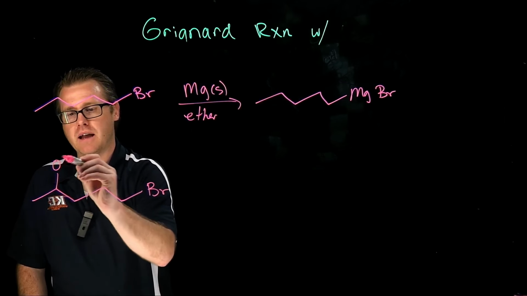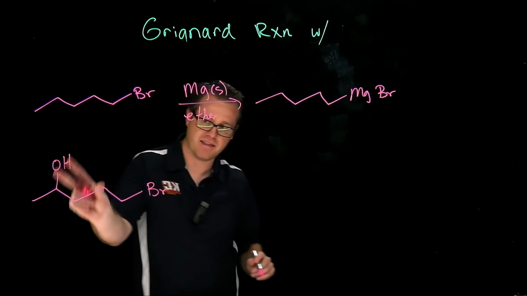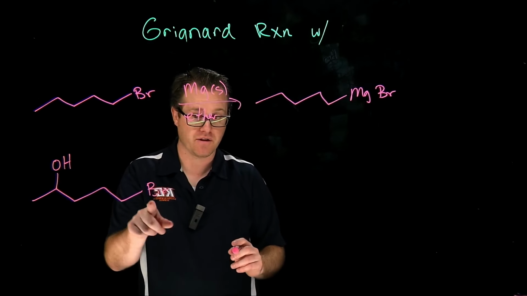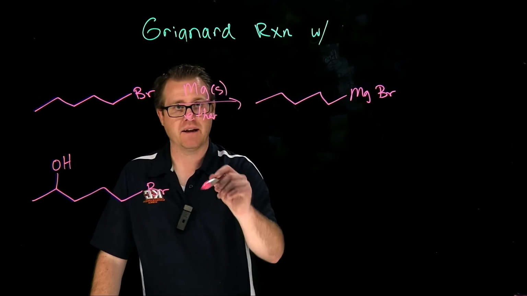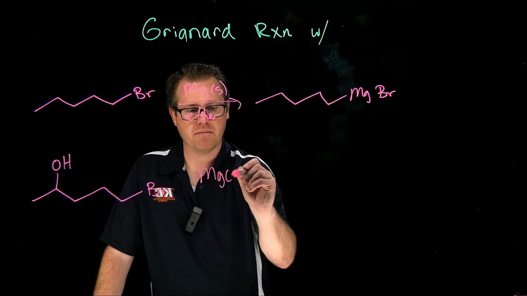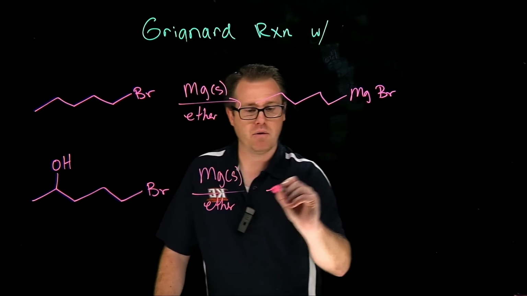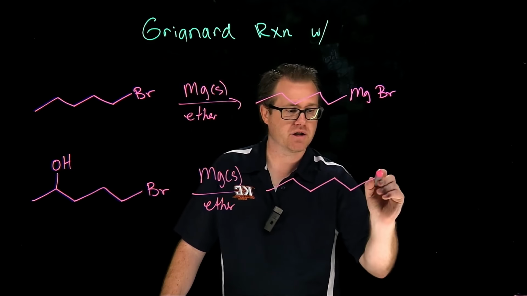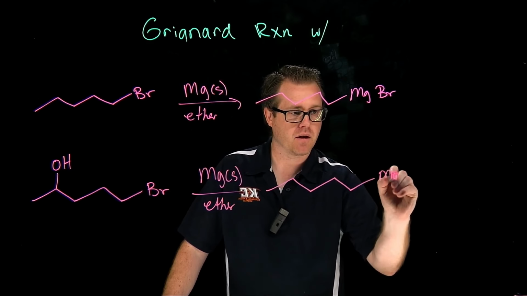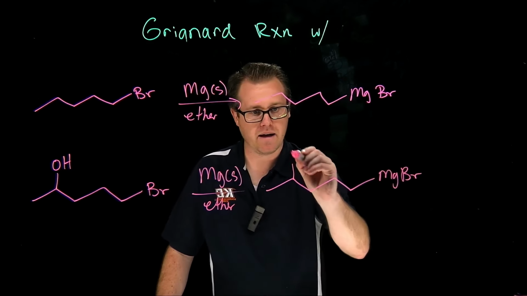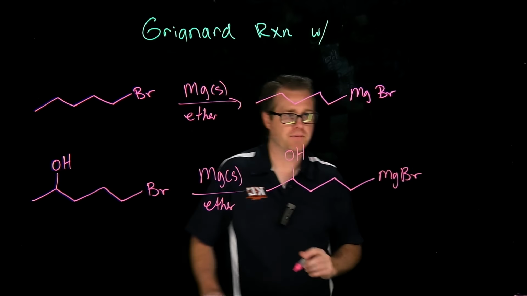Now what if I changed it up a little bit? What if I put an alcohol? What if I had this molecule and I wanted to convert this into a Grignard reagent? Well, we would attempt to do the same thing, and we would hope ever so much that we would get this compound like that, right?